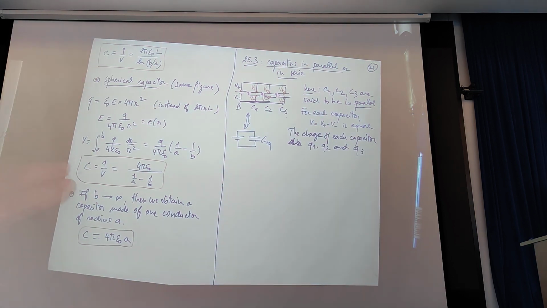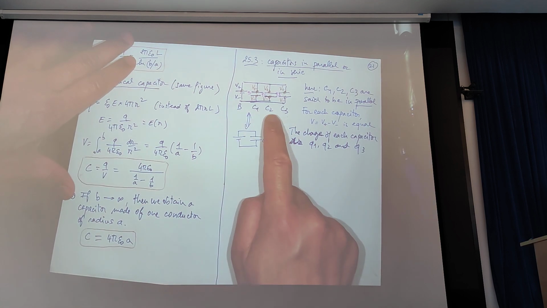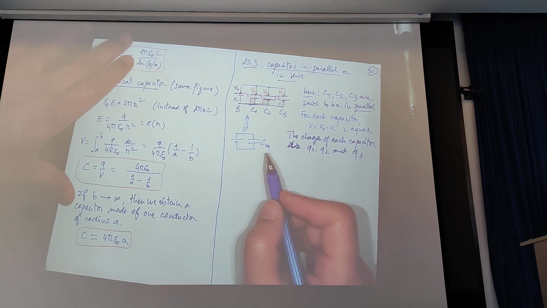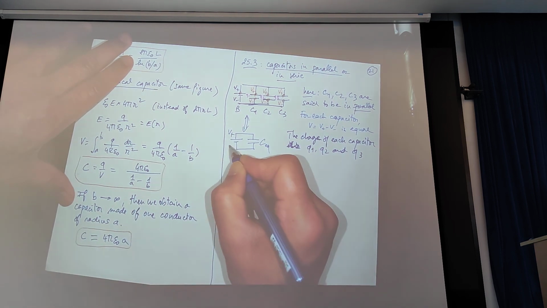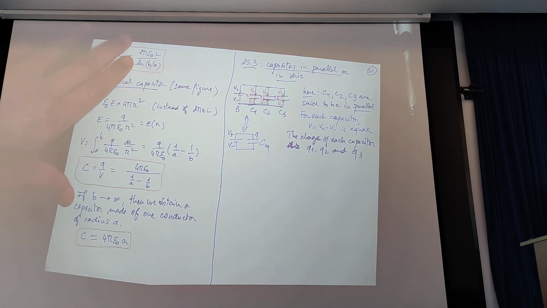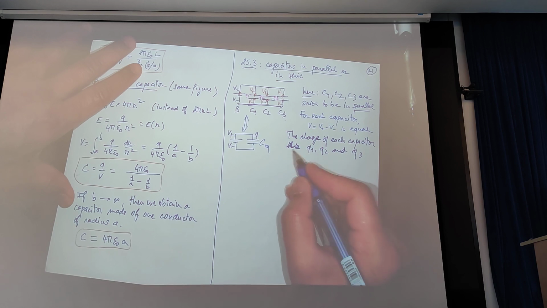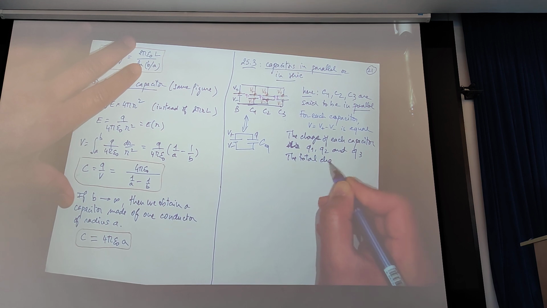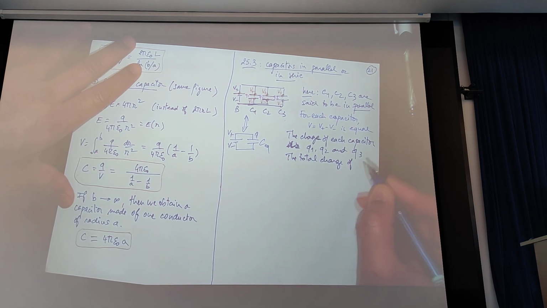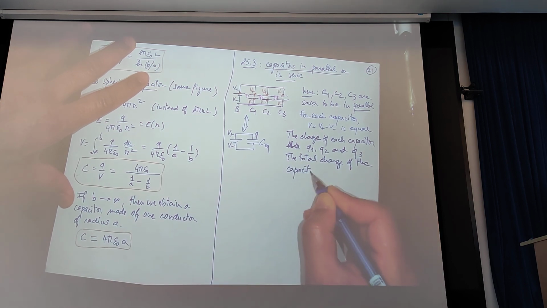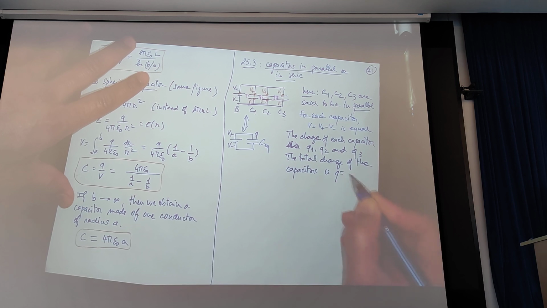So these 3 capacitors in parallel are equivalent to this, with a total charge Q of the 3 capacitors equal to Q1 plus Q2 plus Q3.